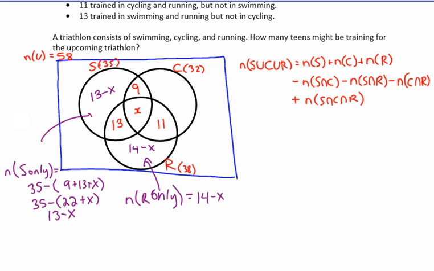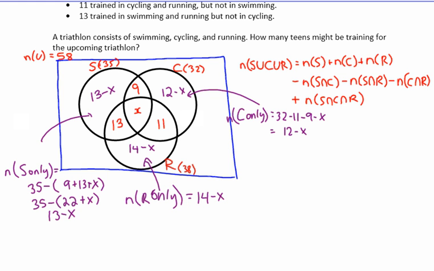Did you get the same thing if you did it this way? Yes? And then if we want cycling only, the total is 32. So 32 minus 11 minus 9 and minus the x, because we want to subtract these off to get what's left over. Well, that would be 12 minus x.